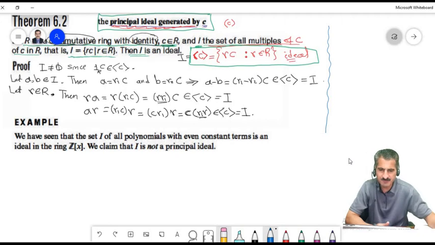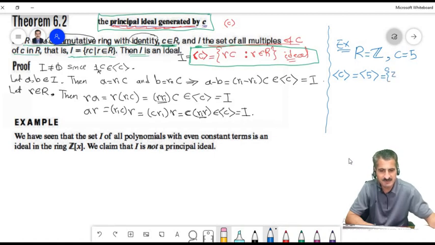So this is an example: choose the ring R to be Z. This is commutative with identity, and choose C to be 5. So the ideal generated by 5 is all multiples of 5, that is, z times 5, where z is an integer.